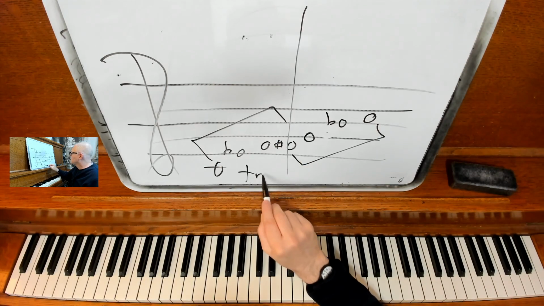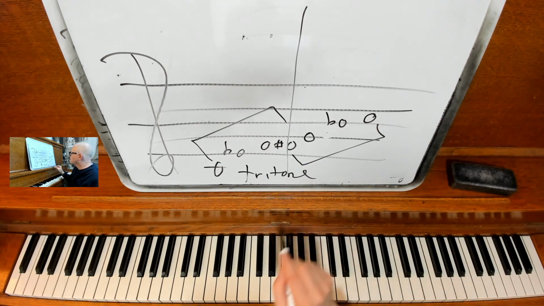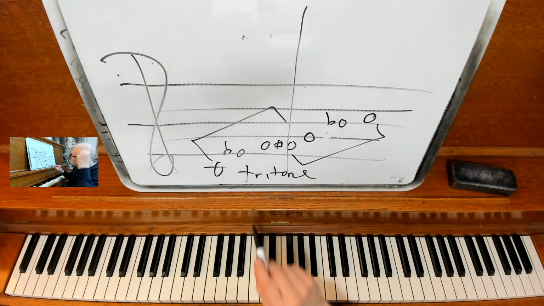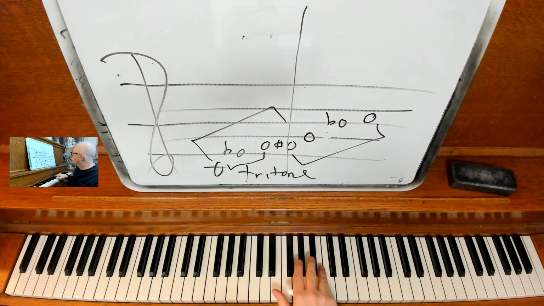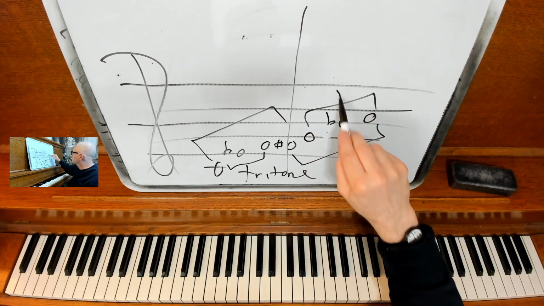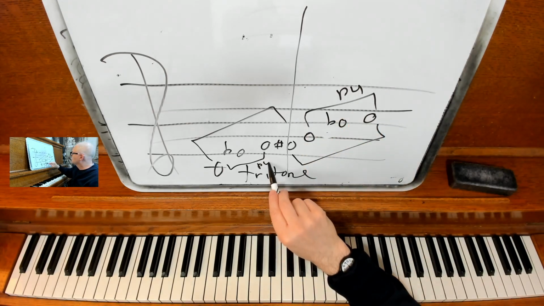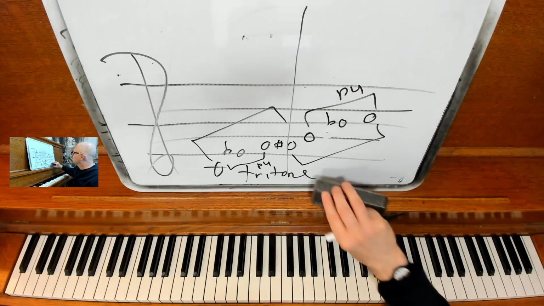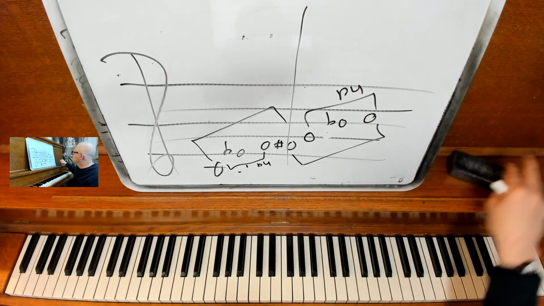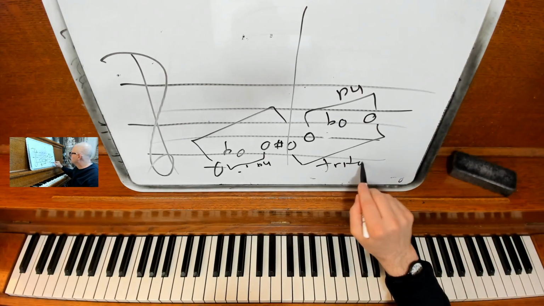That's our tritone right in there. But the perfect fourth is there, and the other perfect fourth is there. Right? Those are the perfect fourths. Right? But each of those is the tritone.